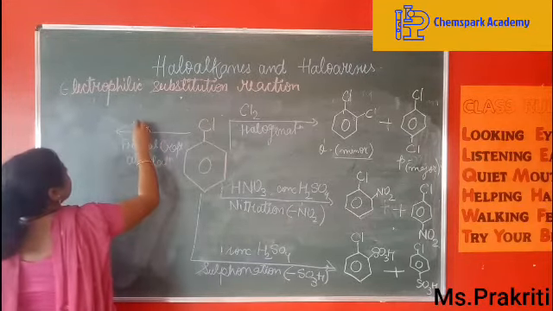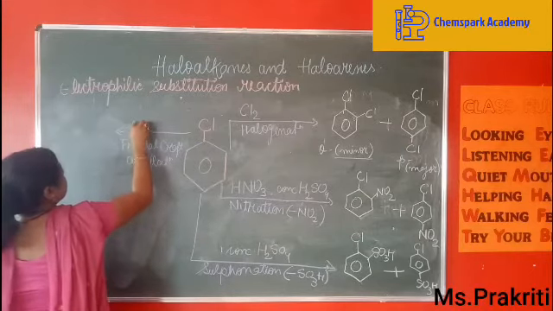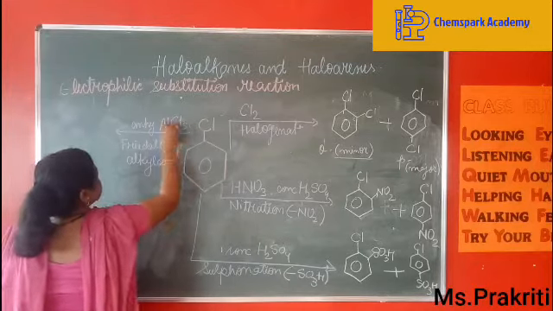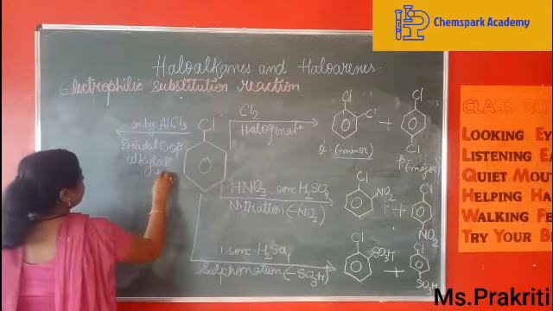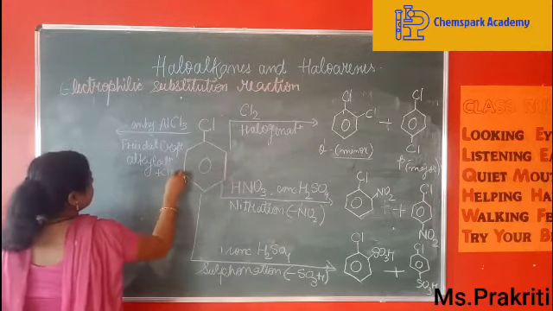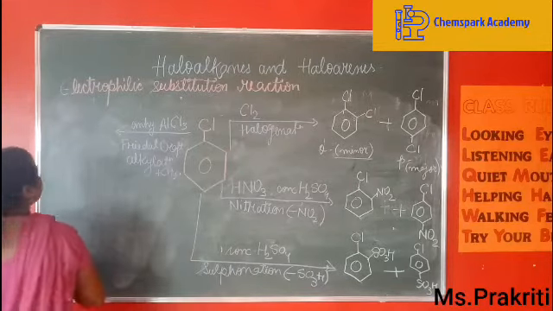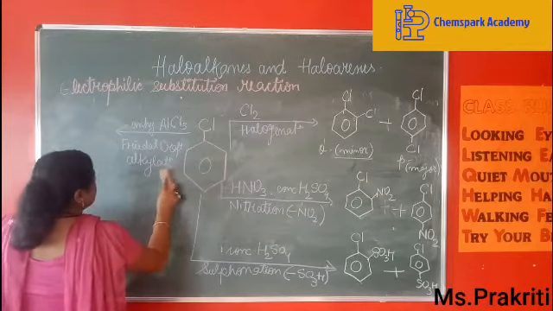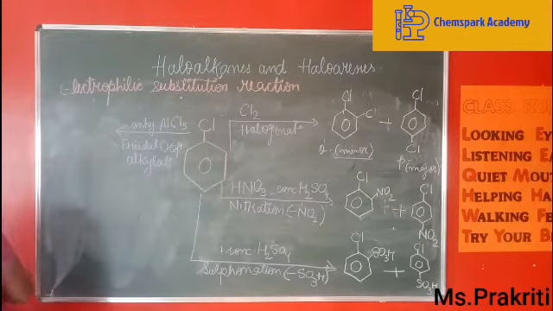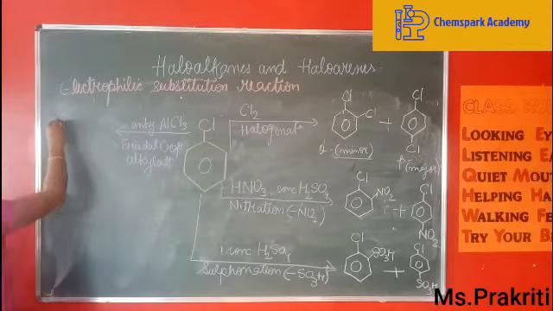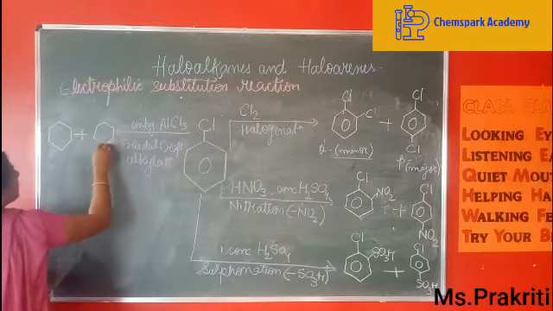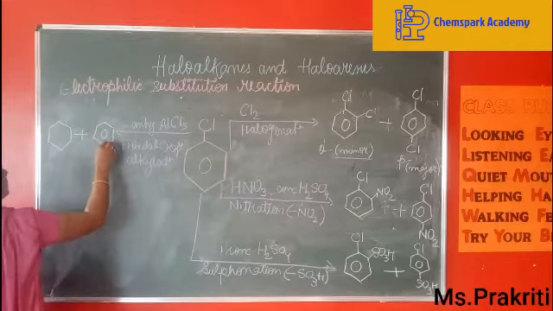So that can be any and it will always be in the presence of anhydrous AlCl3. Suppose I reacted with CH3Cl. Okay. Or suppose I want to introduce any other alkyl group here. The product will be the ortho and the para substituted chlorobenzene.